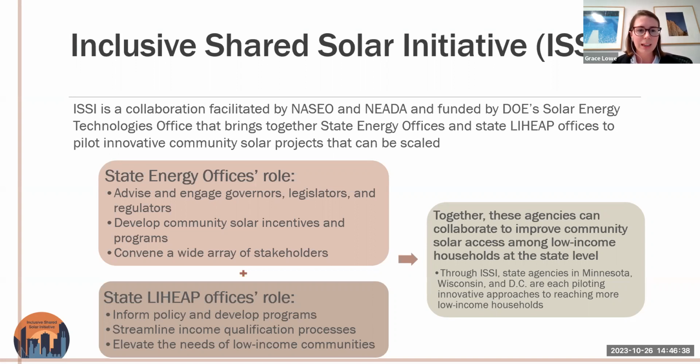If you're not familiar, again, NASIO represents all 56 state and territory governor designated energy offices. And broadly, state energy offices are involved in energy planning, program design, stakeholder engagement, and policy across a number of different energy topics and issues, including community solar.